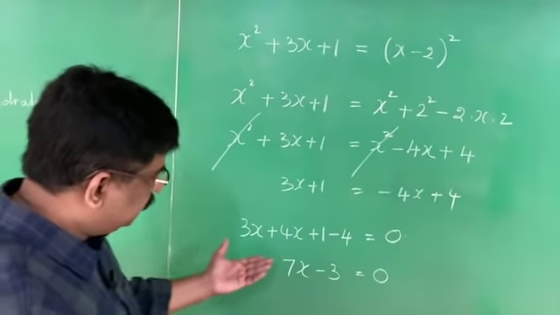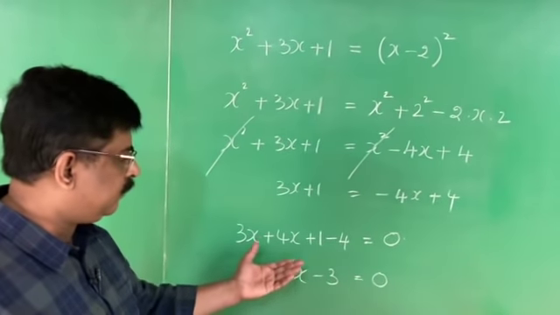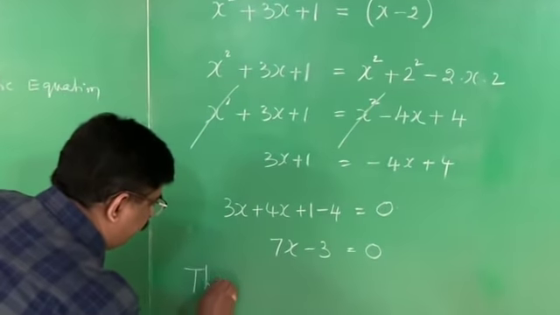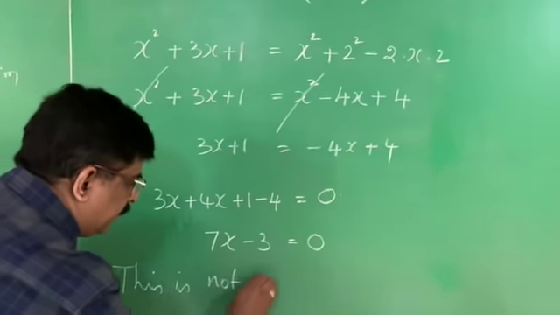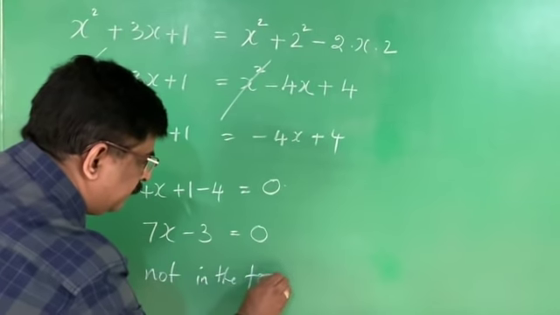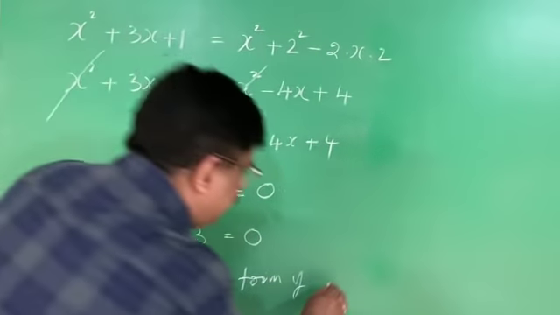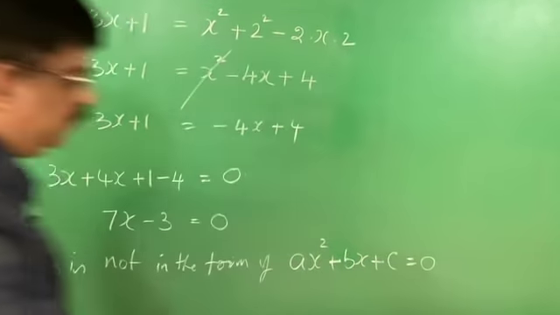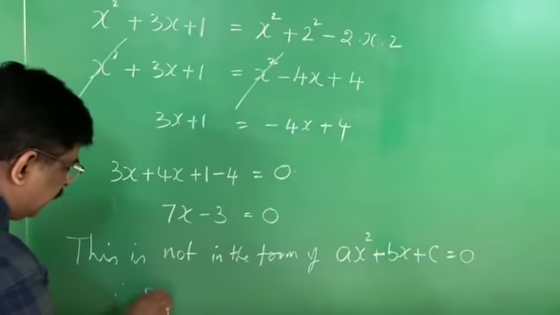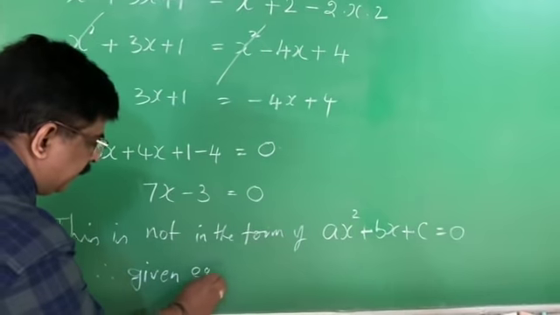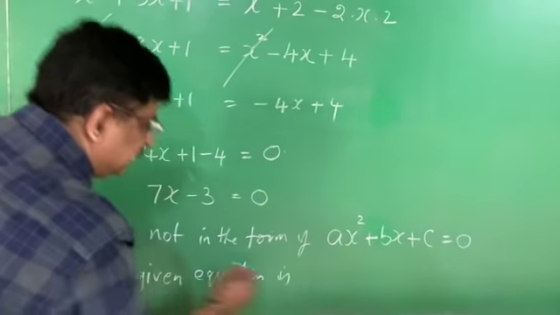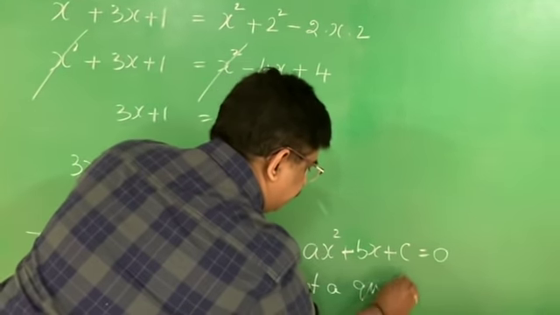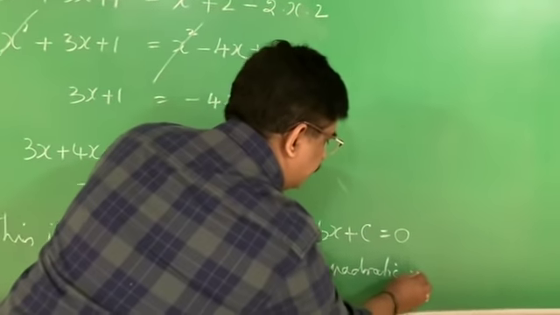If you see this one, this is not in the form of ax square plus bx plus c is equal to 0 because there is no x square term at all. Therefore, the given equation is not a quadratic equation.